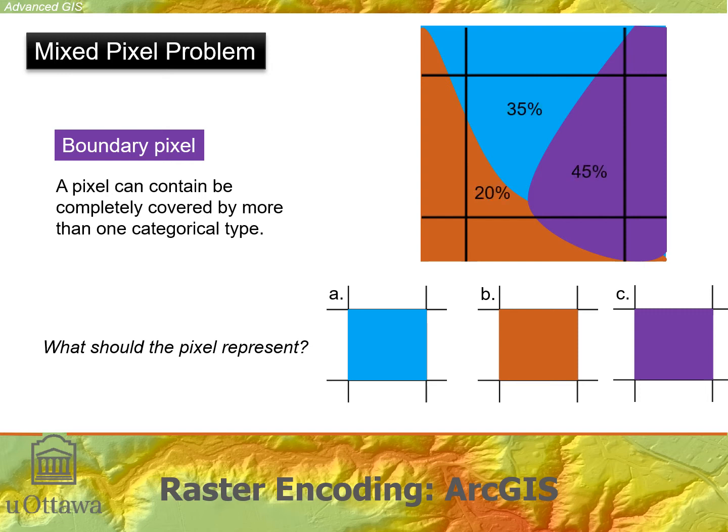Well, if we look at the proportions that each of those polygons take up within the cell, we can see that 45% of that cell is purple, 35% is blue, and 20% is orange. So we might then devise a rule whereby whatever takes up most of the cell, we will use that cell to represent that category, in this case purple.